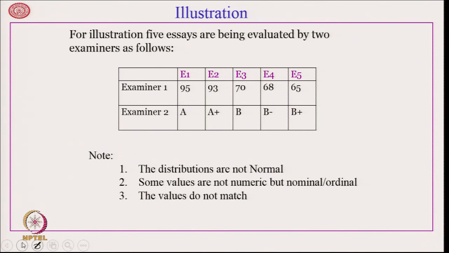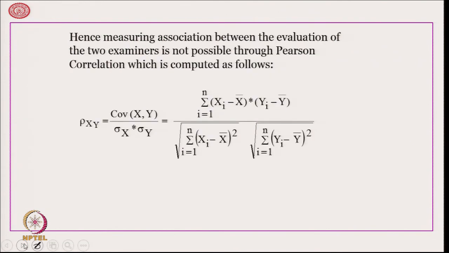We can see that the distributions are not normal and there are values which are not numeric, and also that they do not have similar opinions with respect to the 5 S's, or in other words there is a disagreement between the two examiners. Hence, the question of measuring their association is important.